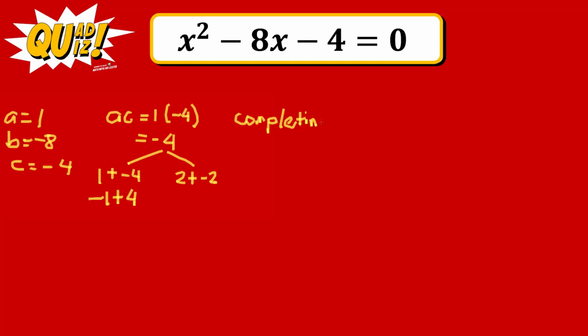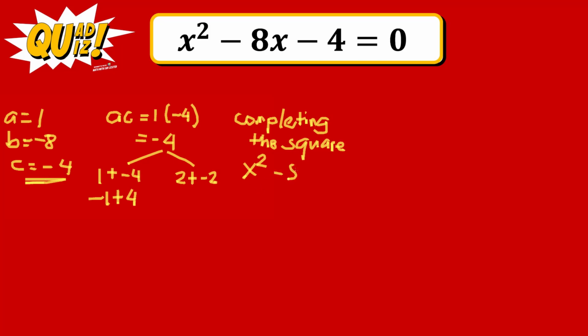Again, this is a method when we are sure that our trinomial is no longer factorable. In completing the square, we are going to make use of a perfect square trinomial, and with that, we are going to move out this C coefficient, as this will not make our trinomial perfect square.